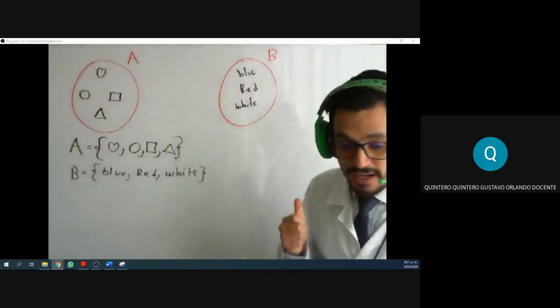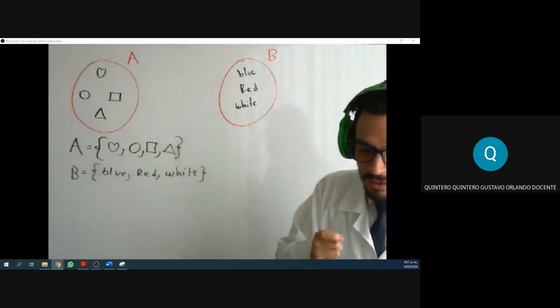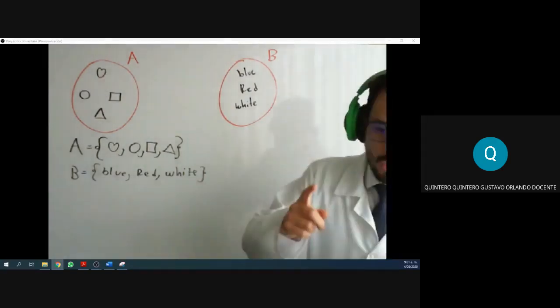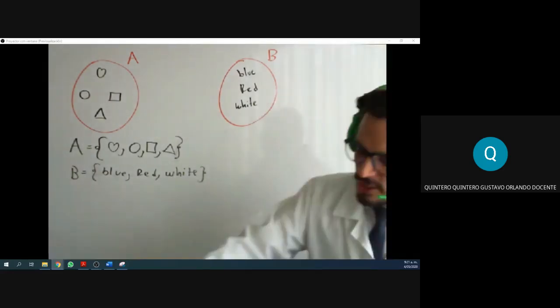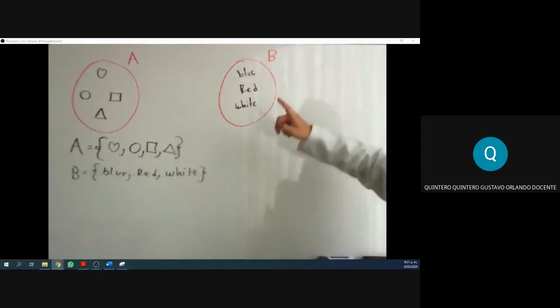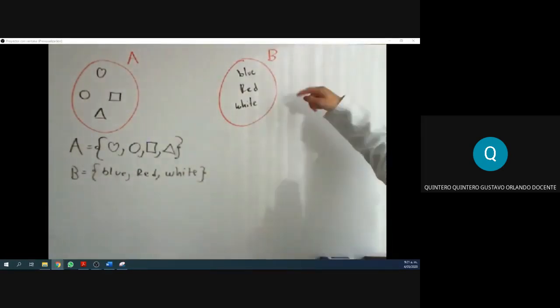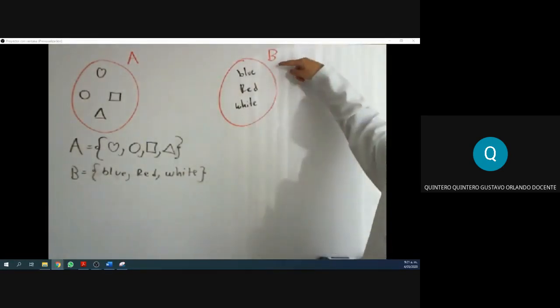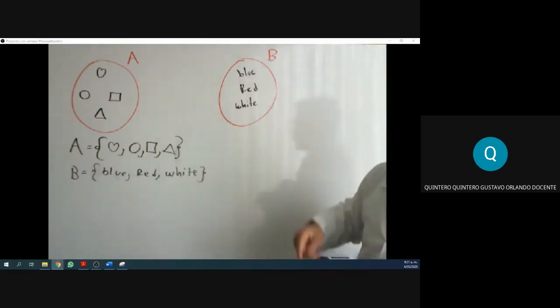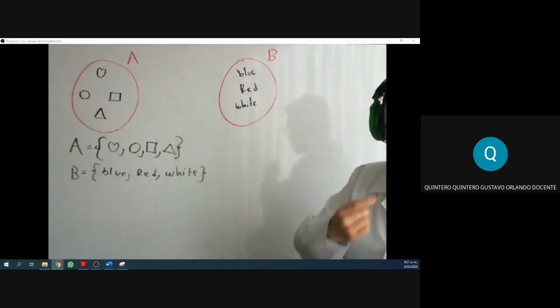If you want to be good at this, you need to write down the perfect description for a set. Question to you guys. Okay, everybody in the chat, please write yes or no. Can you describe set B as the set of 3 colors? Yes or no in the chat.